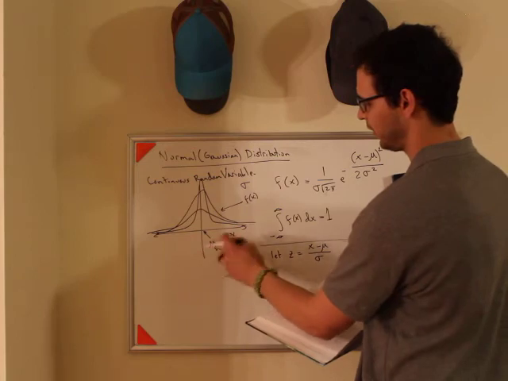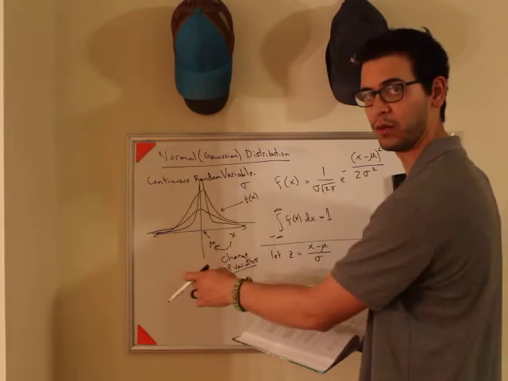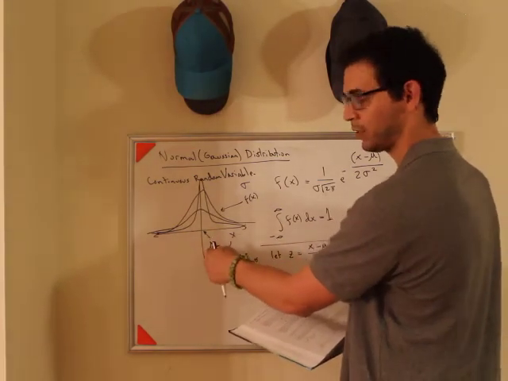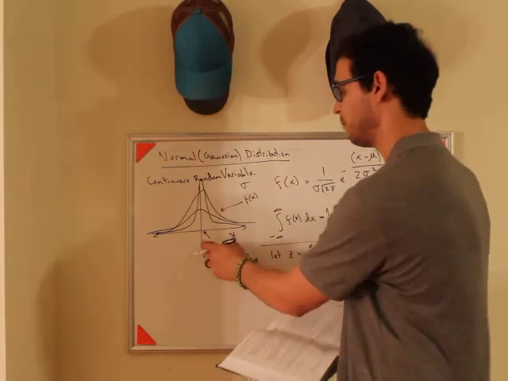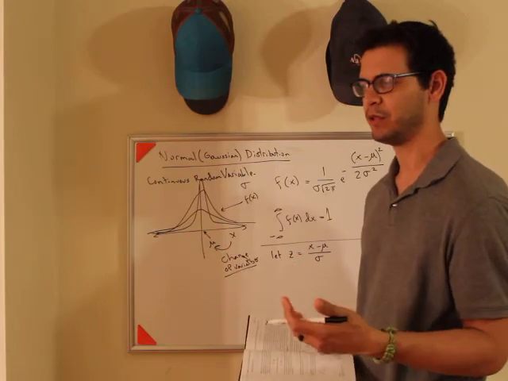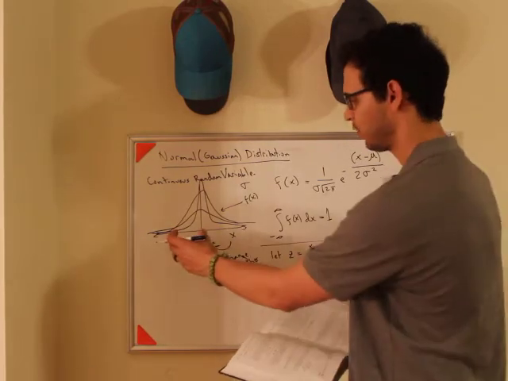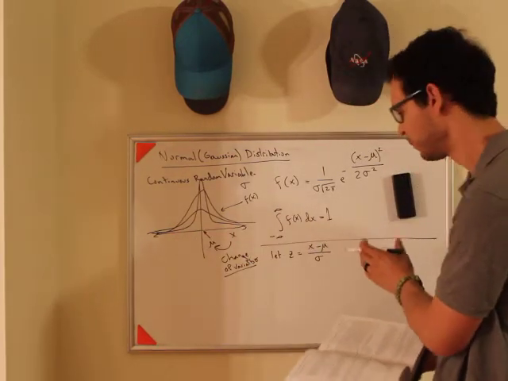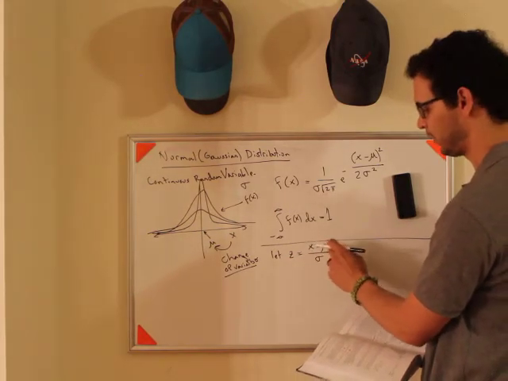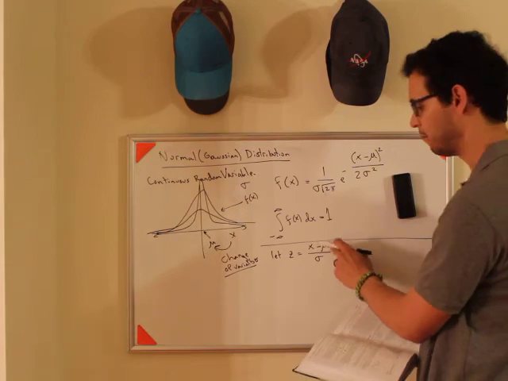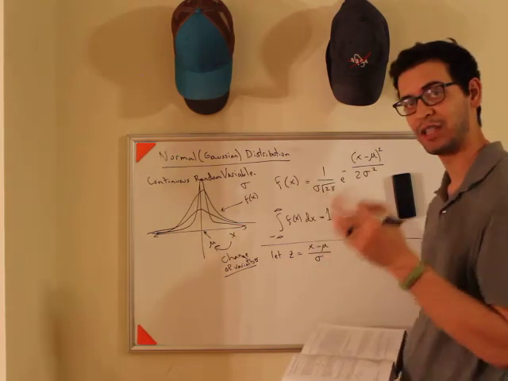The center of this curve, I drew this right here on the y-axis, but the center of this curve is actually at mu, at the mean. So if the mean of my distribution was 15, my curve would be shifted all the way over to the right. But the nice thing about this change of variables with z is that because you subtract off the mean, the center of the curve is actually at 0.